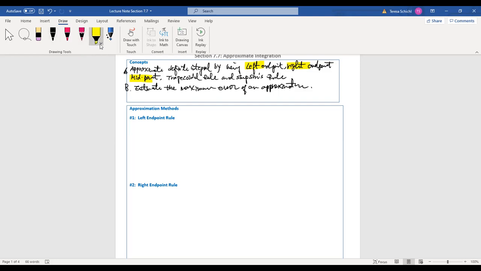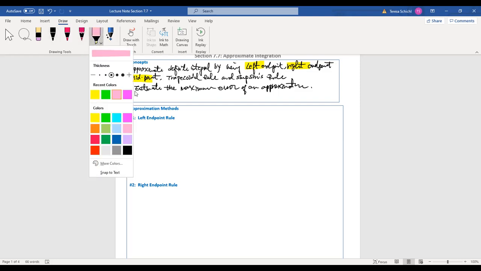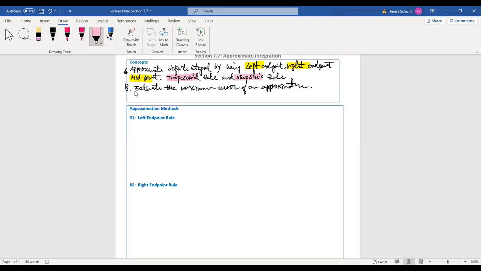And here, we're going to introduce two new methods, the trapezoid and the Simpson. Of course, after we estimate, I want to be able to find out, if I divide my interval into this many subintervals, what the maximum error is, how far I'm going to be from the true integration value.